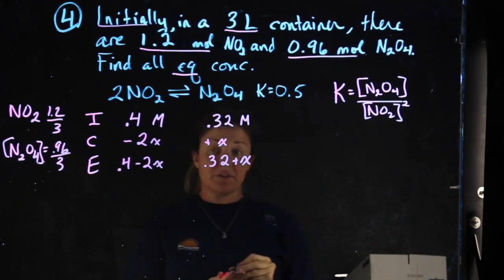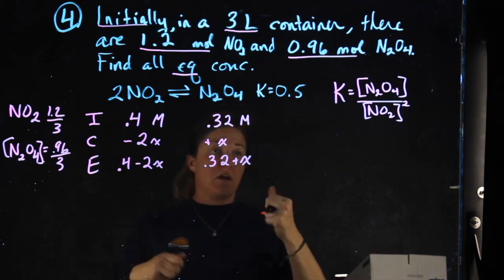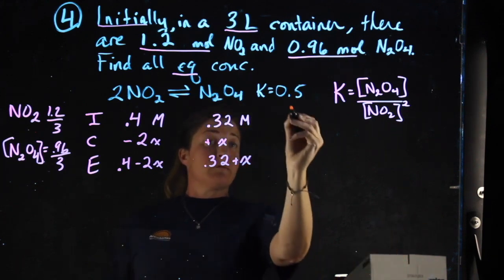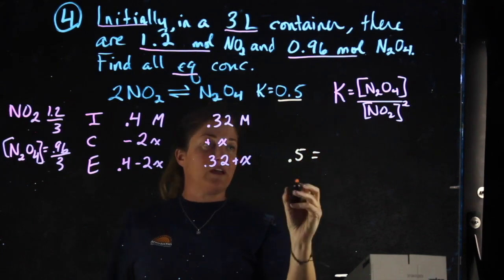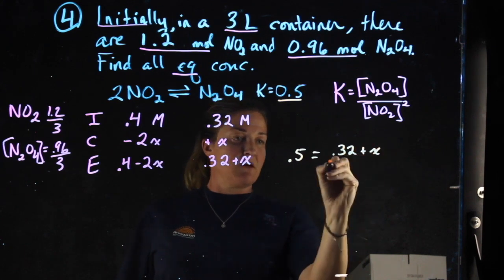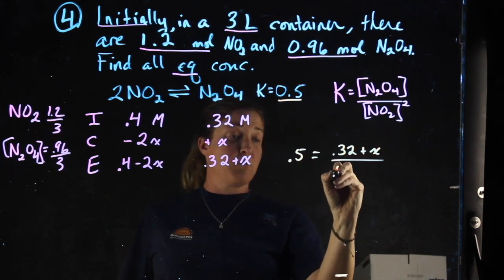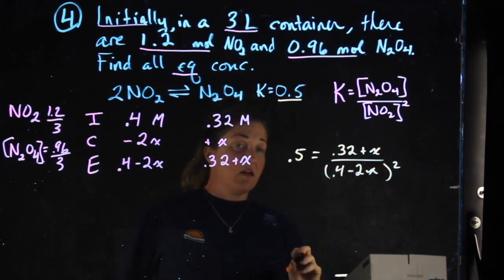And now I'm ready to plug these values into the equilibrium expression. So I have an equilibrium value of 0.5, and 0.5 will equal 0.32 plus x over the quantity 0.4 minus 2x, with that quantity squared.